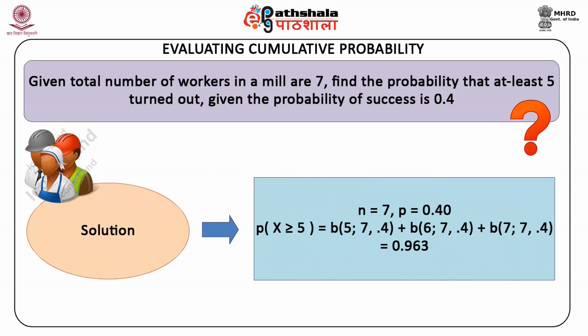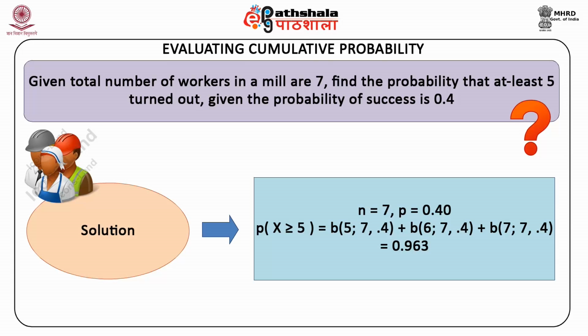Given n is equal to 7, p is equal to 0.4, we have to find the probability of x greater than or equal to 5, which is equal to b of 5, 7, 0.4 plus b of 6, 7, 0.4 plus b of 7, 7, 0.4, which is equal to 1 minus capital B of 4, 7, 0.4, which is equal to 1 minus 0.9037.